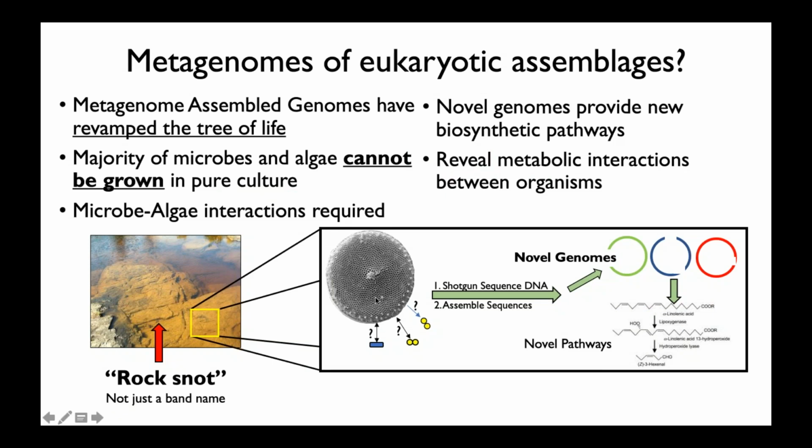And so what my lab wants to start doing is using this long-read sequencing technology to go after some of these interesting organisms living in these communities, using metagenomics. It turns out that many of these diatoms can't be cultivated well in pure culture. They're always going to have some sort of bacterial symbiont with them. Within this rock snot by itself, you actually have multiple species of diatoms as well.